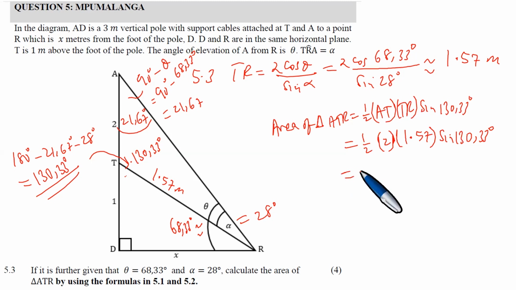So what is the answer? 0.5 times 2 times 1.57 times the sine of 130.33, which is 1.20. So it is actually 1.20.